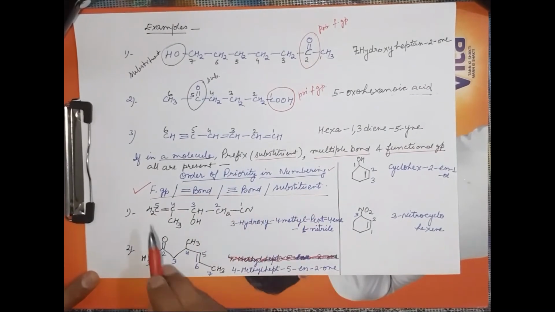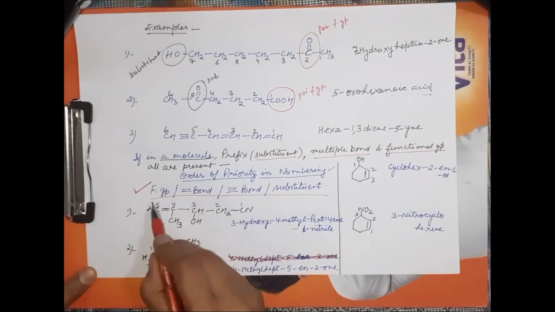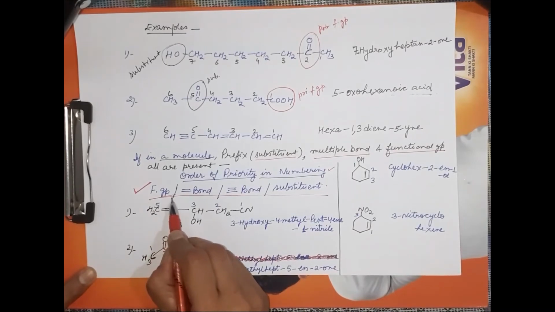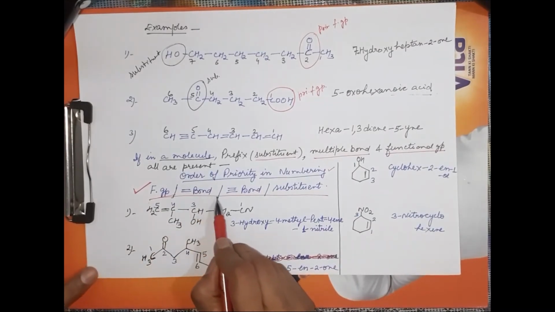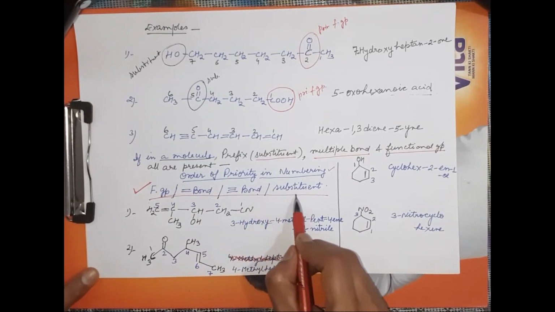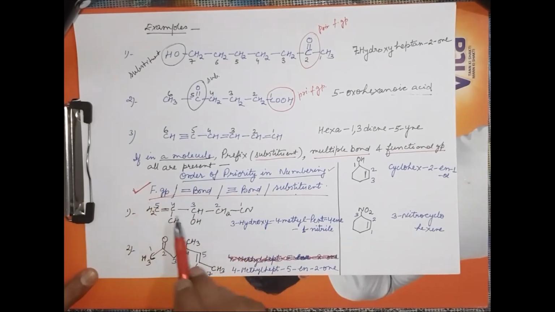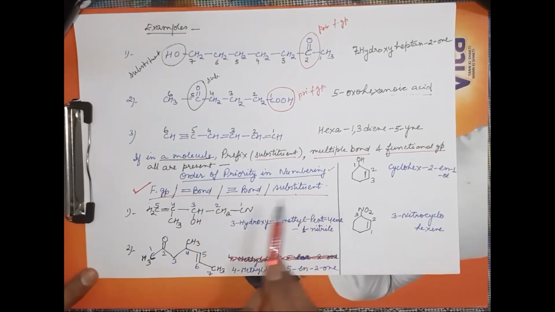First, lower number is given to the functional group. After this comes the double bond, and after this comes the triple bond, and after this comes the substituent. So this will be the order of numbering in such cases.